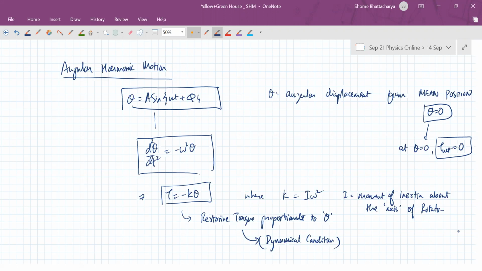And of course, it's also subject to the condition that the angular displacement should be small. So when a physical pendulum is doing small oscillations, that is, its angular amplitude is a small angle, then it's actually doing a harmonic oscillation. So small oscillations of a physical pendulum constitute angular harmonic motion, for which there is then a formula for the time period.